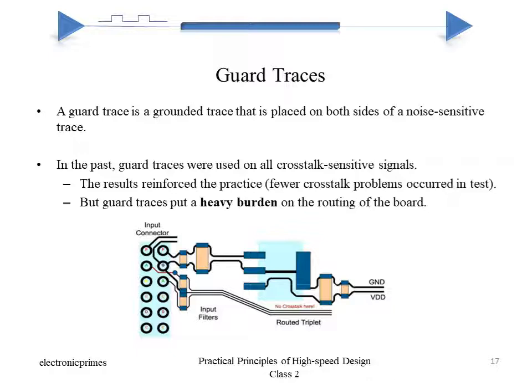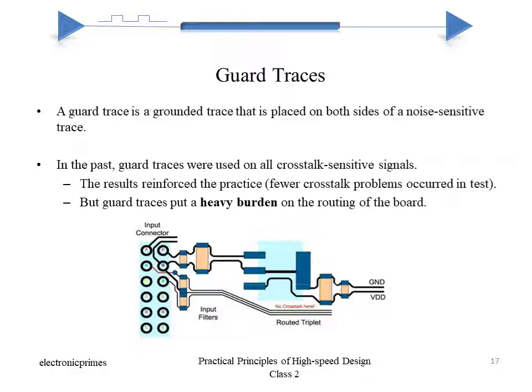Guard traces. A guard trace is a grounded trace that is placed on both sides of a noise sensitive trace. In the past, guard traces were used on all the crosstalk sensitive signals. But the results reinforced the practice that fewer crosstalk problems occurred in the test.